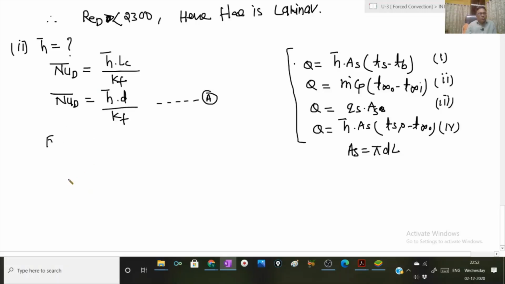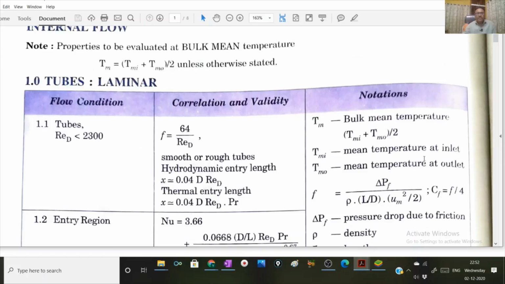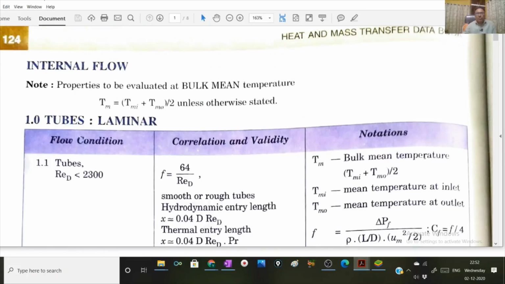So once again, from the heat transfer data book, let me refer to the heat transfer data book for internal flow.